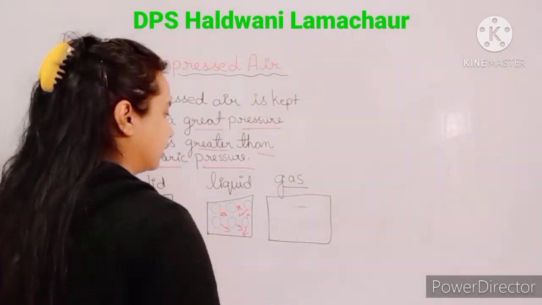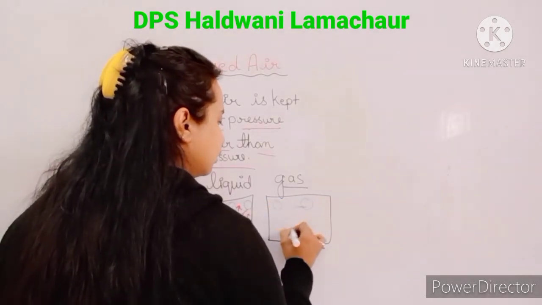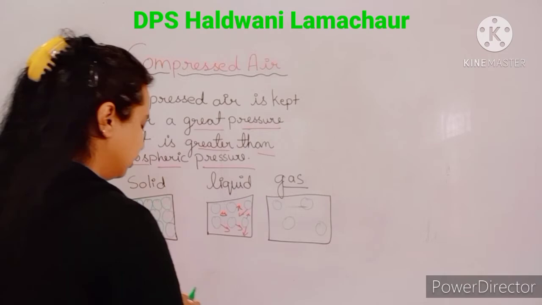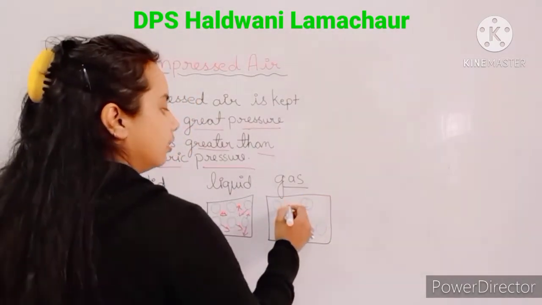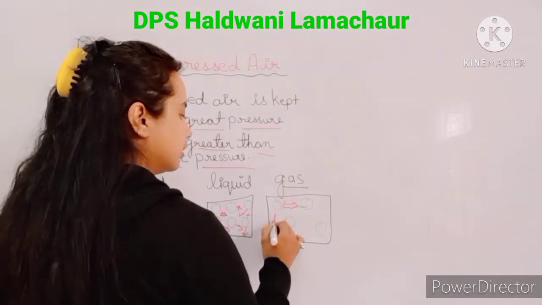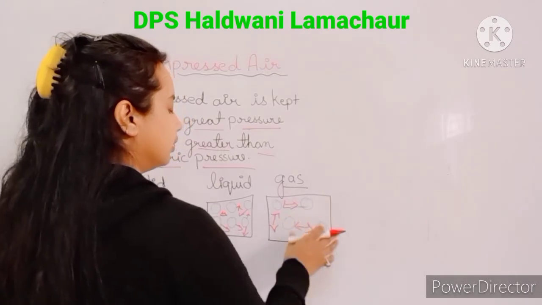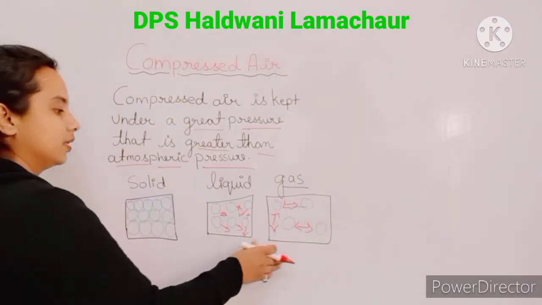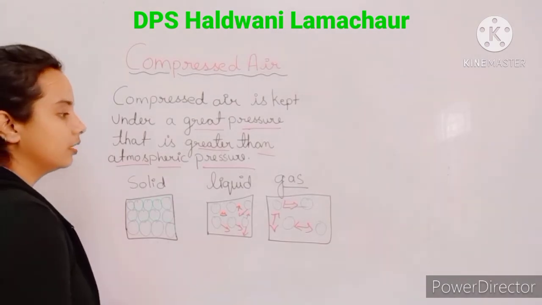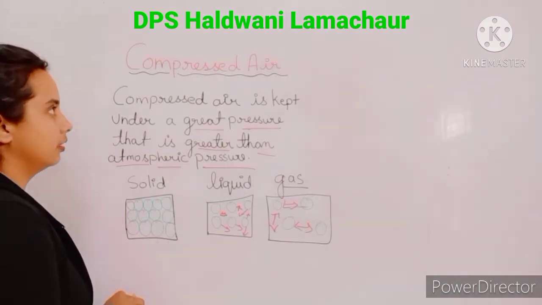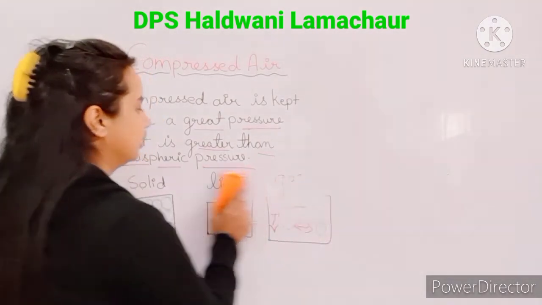In air, the molecules are far apart, and the intermolecular spaces in this are more, so the molecules can move from here and there. Now, the molecules of the gases, so what happens in compressed air, how the molecules are there, let's see this.